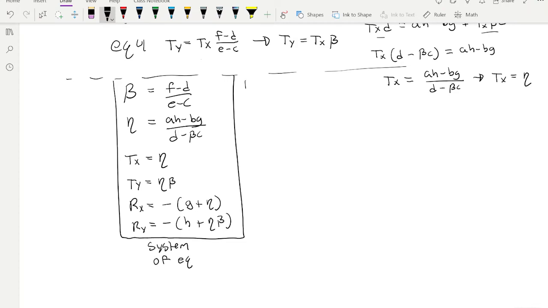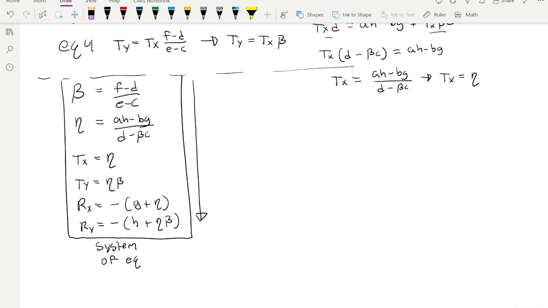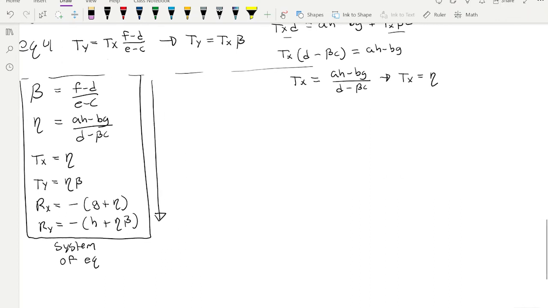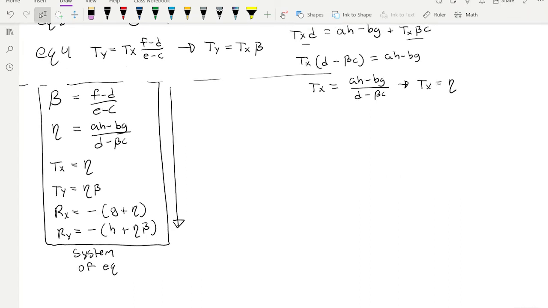So we got to solve this thing in this direction, right? Go beta to Ry. And now we have to think about how we use this in a general case, right?